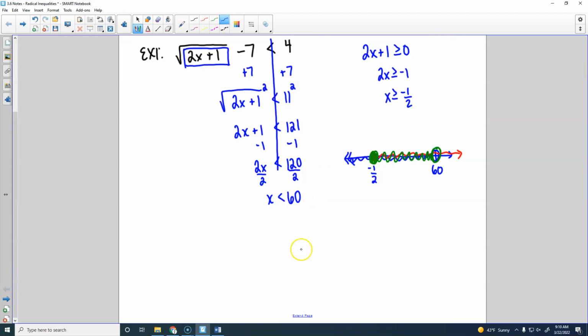So our final answer to this problem would have to be negative 1/2 less than or equal to x less than 60. Or we could write it this way, negative 1/2 with a bracket, comma, 60 with a parenthesis.